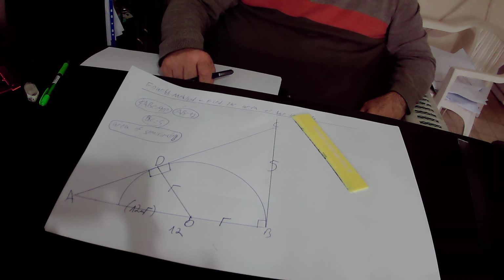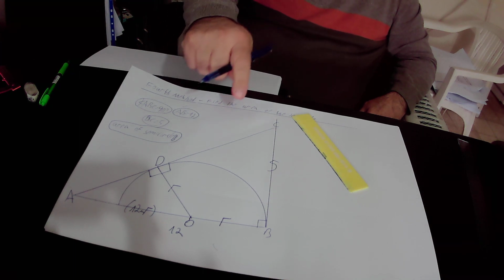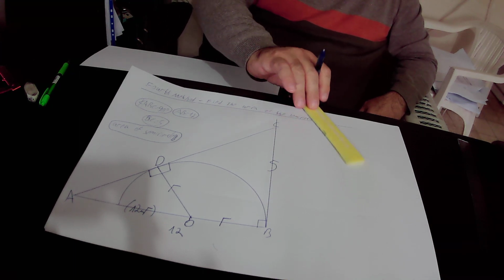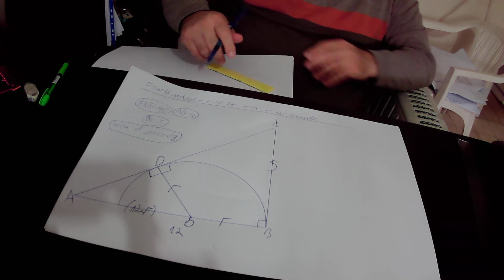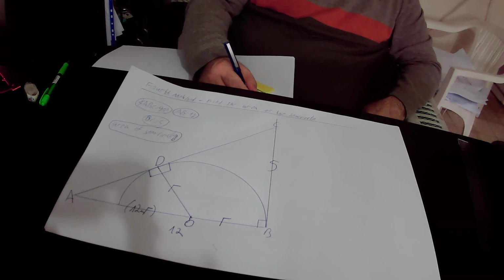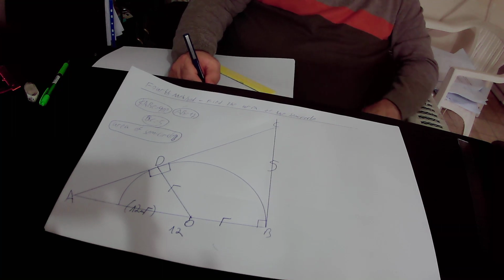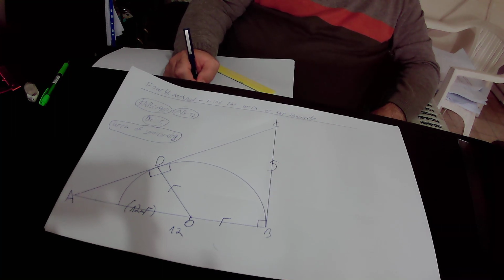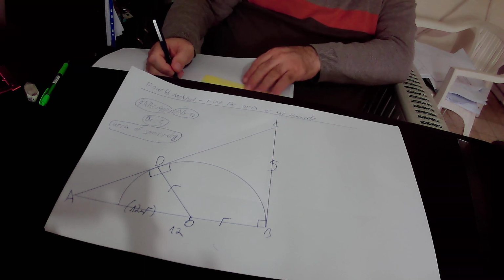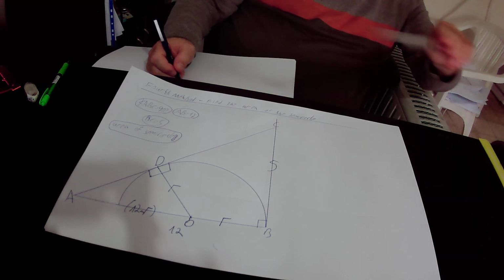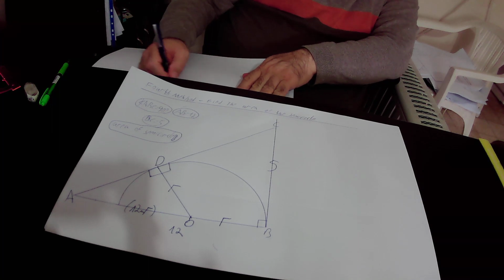And if we focus on the right triangle, triangle ABC, according to the Pythagoras theorem, the square of the hypotenuse equals the sum of the squares of the perpendiculars.